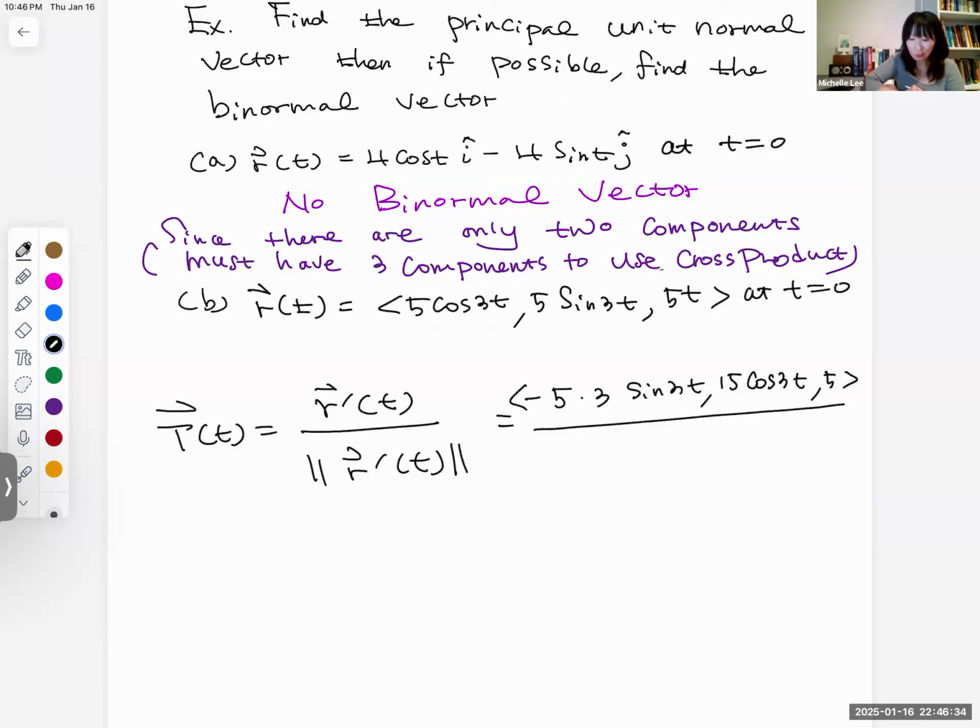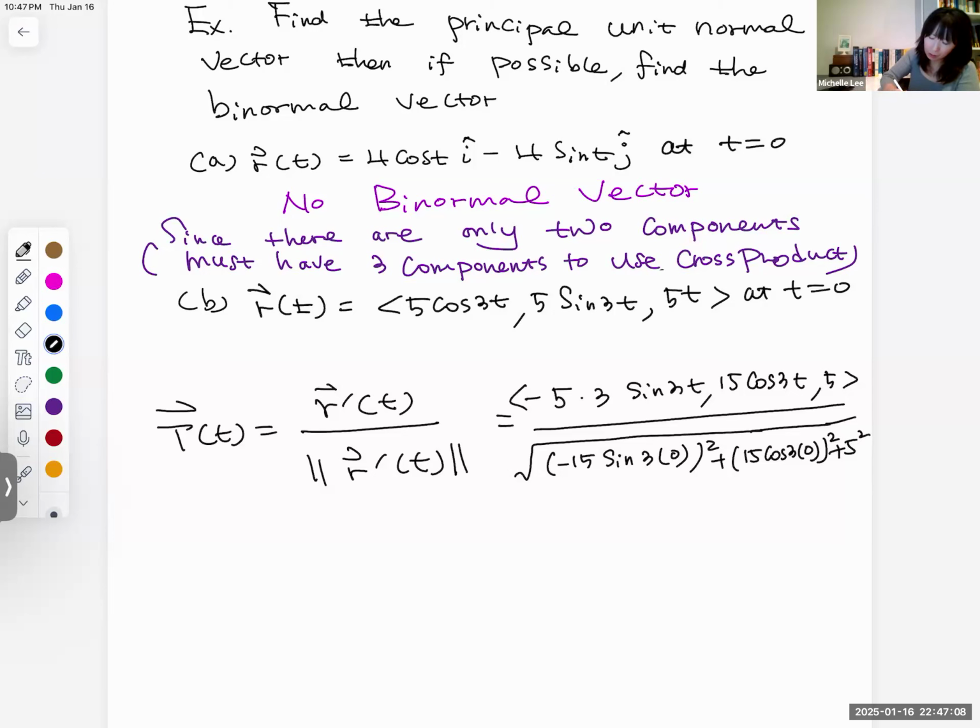Over square root of (-15 sine 3t) squared. How about let's substitute 0, right? Squared plus (15 cosine 3 0) squared plus 5 squared, right?